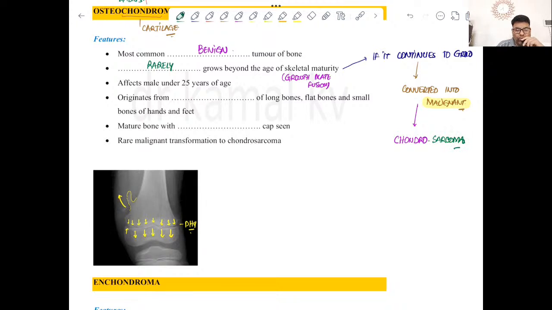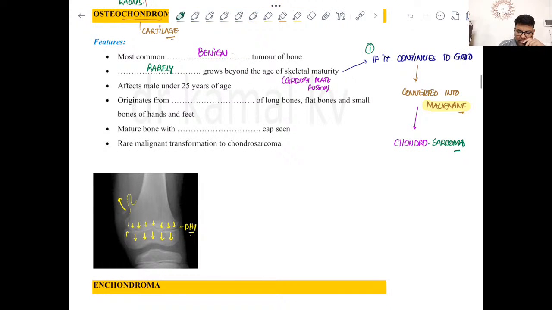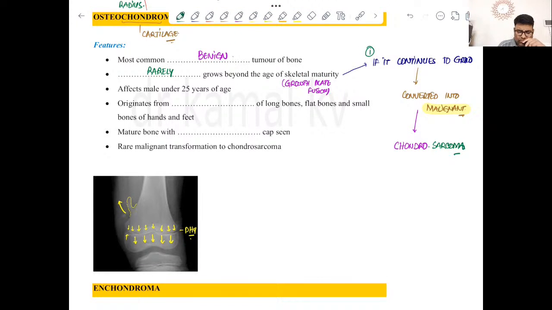So the osteochondroma has now become chondrosarcoma, right? So this is one indication. Then, as we said that it is seen in children of young age when the growth plate is active, so patient can come to us anytime with swelling, or you can say bony mass.